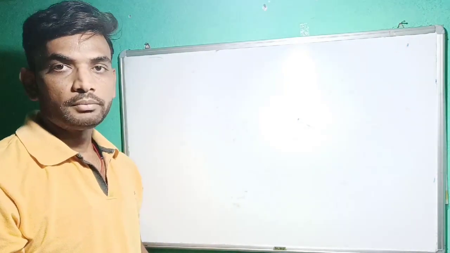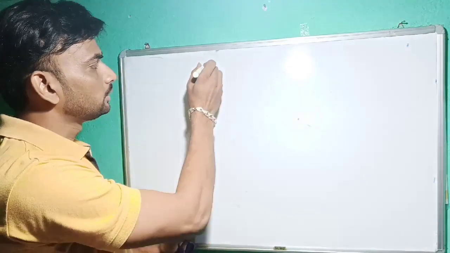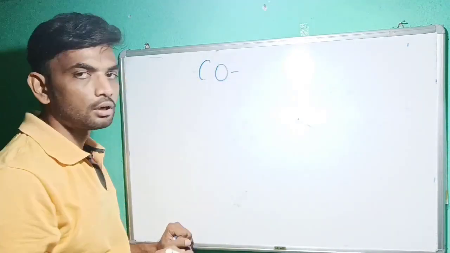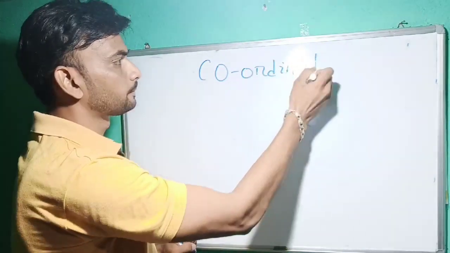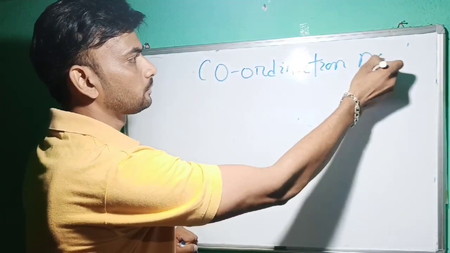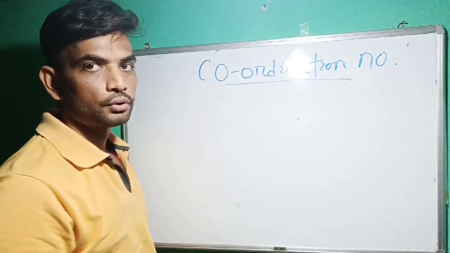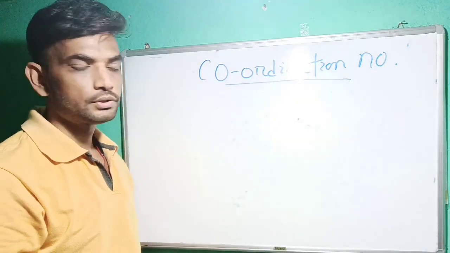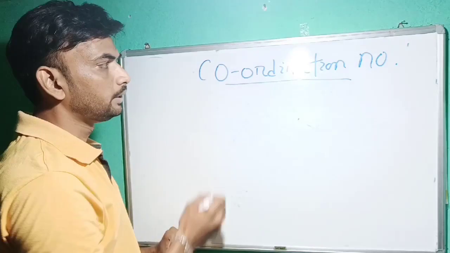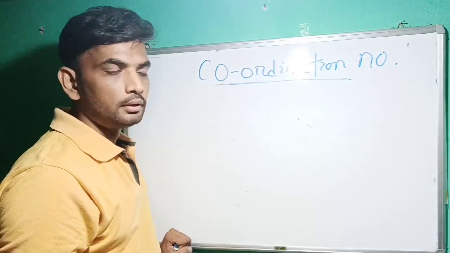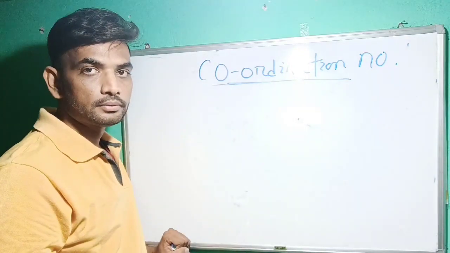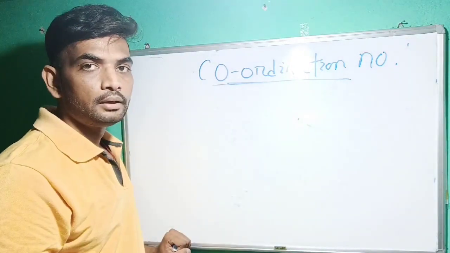Then, coming next, there are three important terms. First one is coordination number, which depends upon the number of coordinate bonds bonded by a metal atom.